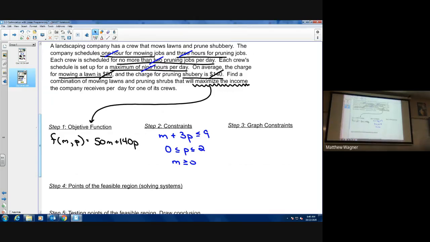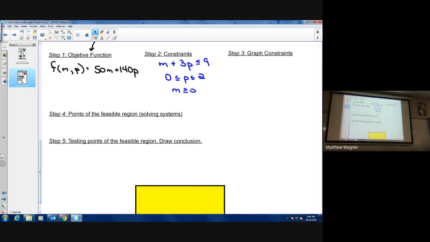Okay, and to save you a little time, I thought I had a graph. I don't know where my graph is. So we're going to have to just do a little chicken scratch here. So try to be pretty clear with my points.